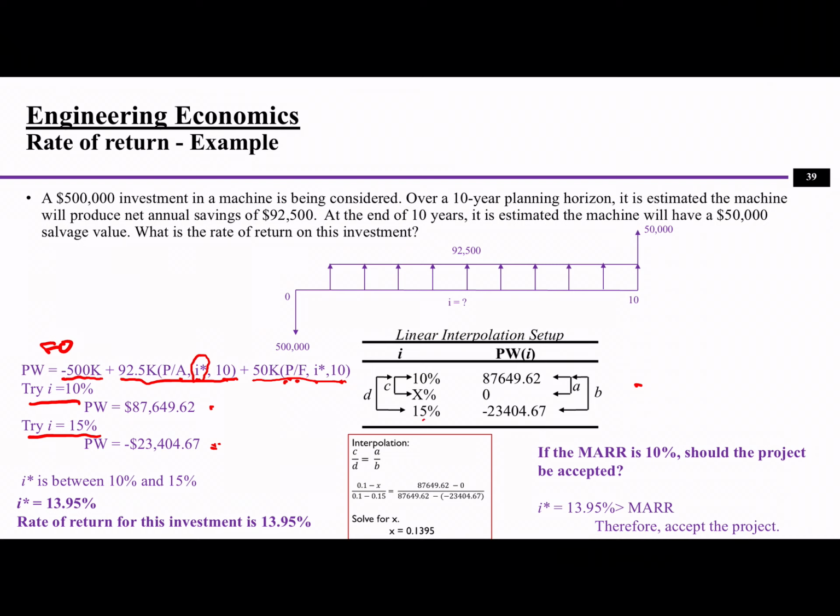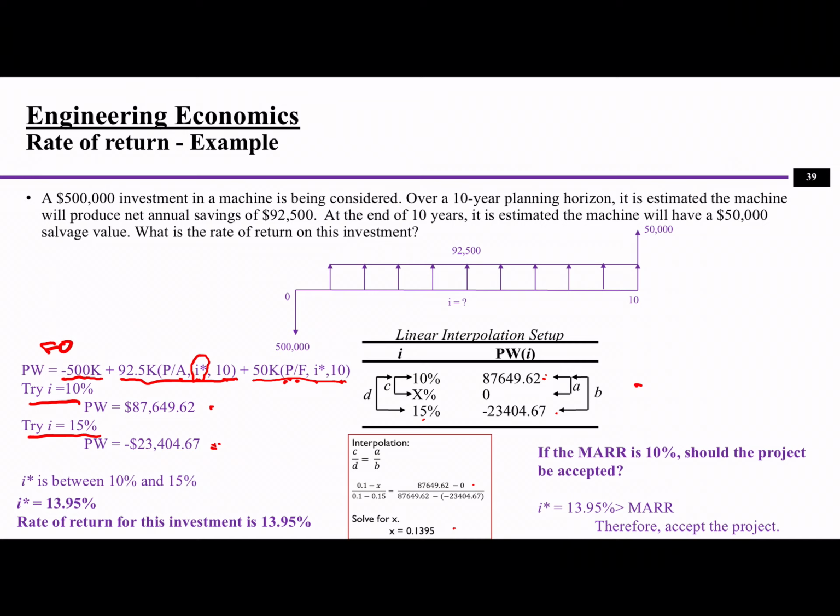We use 10% minus x, divided by 10% minus 15%, and that equals the same setup with absolute values: this present worth minus 0, over this value minus the other. Then we use this interpolation setup to solve for x, which is the rate, right?